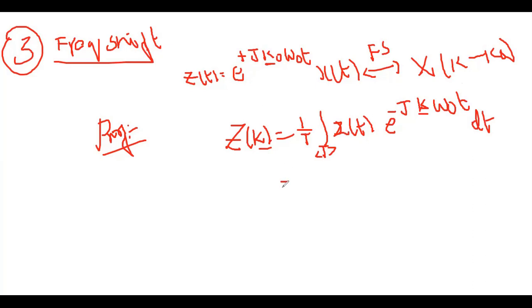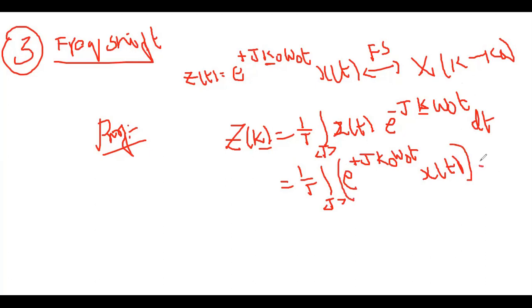So replace z here: 1 by T the integral, and z of t you can take as e power plus j k naught omega naught t times x of t, into this function we have the multiplication part e power minus j k omega naught t dt.